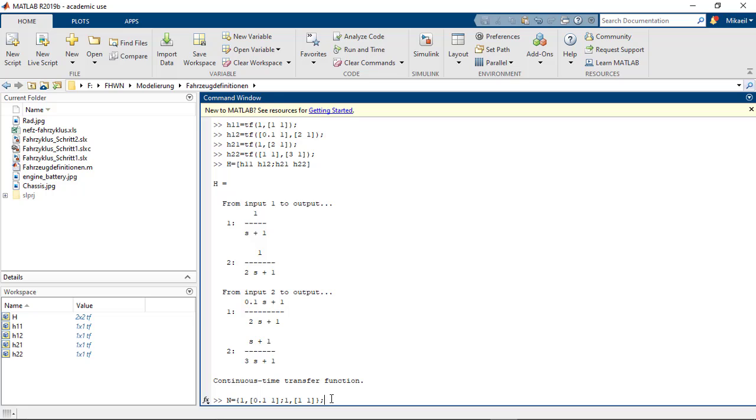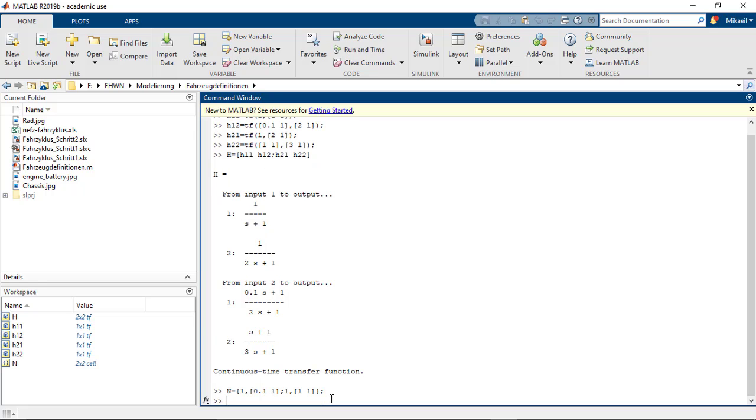And also for all denominators, d equals, braces. For h11 I have 1, 1. For h12 I have 2, 1. Next line.